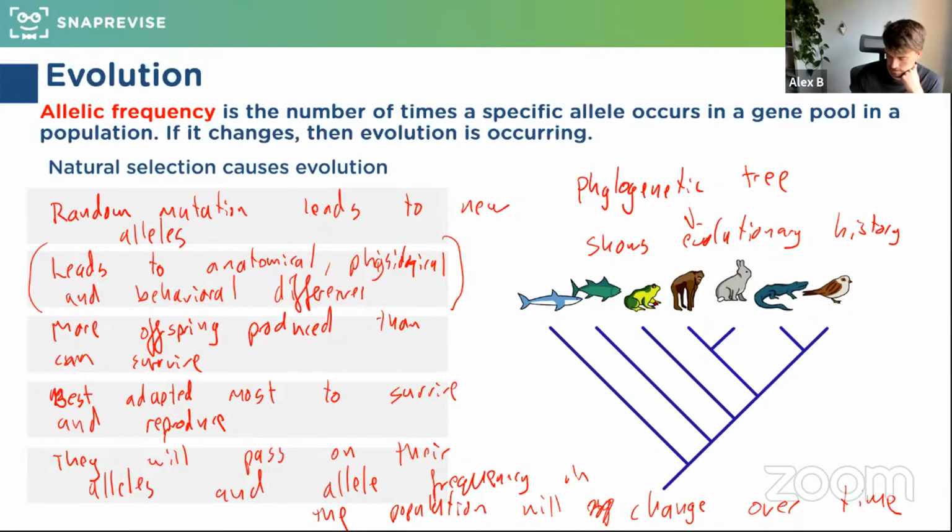This is an example of some of the major animal groups: bony fish, cartilaginous fish, amphibians, mammals, reptiles, and birds, and it shows how they are related. So birds, crocodiles and mammals diverged from amphibians around here. And you can keep going back.